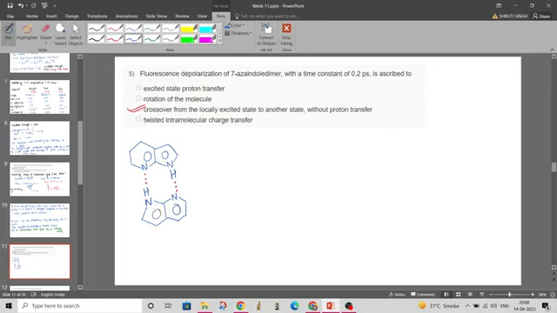So this one is the 0.2 picosecond component, taken for S2 to S1 electronic relaxation.